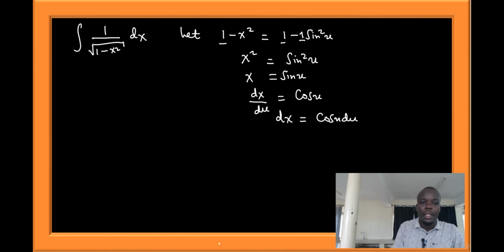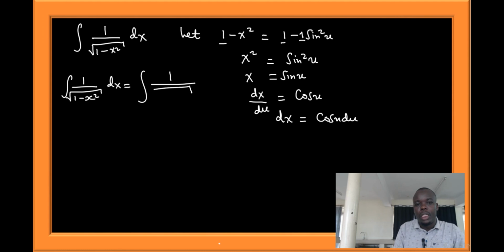Come back here and say the integral of 1 out of square root of 1 minus x squared with respect to x is going to be the same as the integral of 1 out of square root of, instead of writing 1 minus x squared, remember you already called the whole of it 1 minus sine squared u.